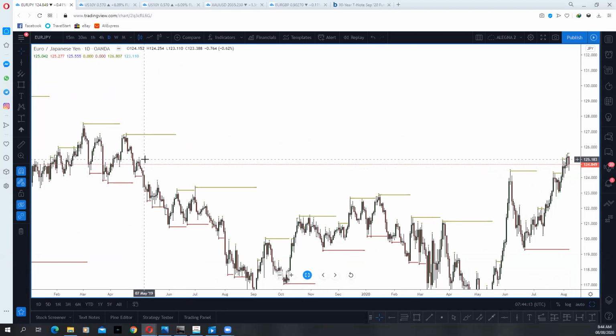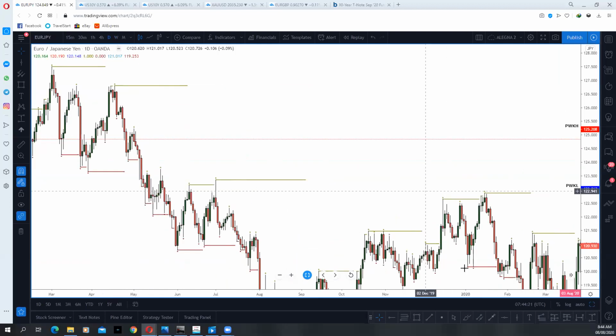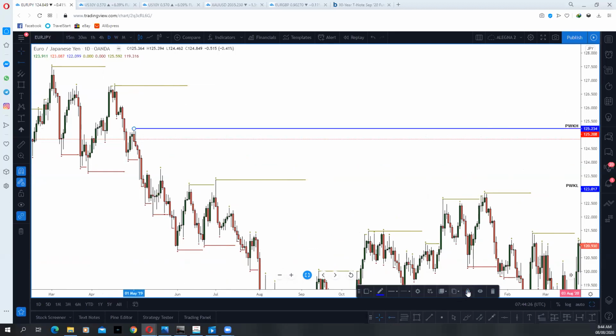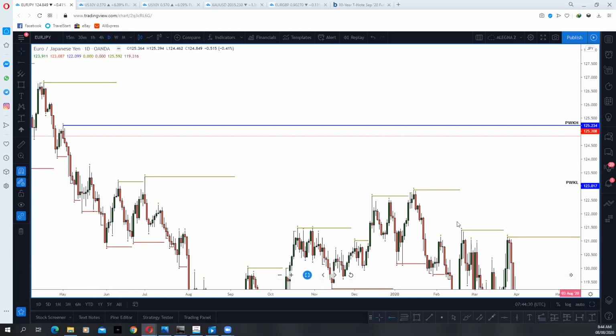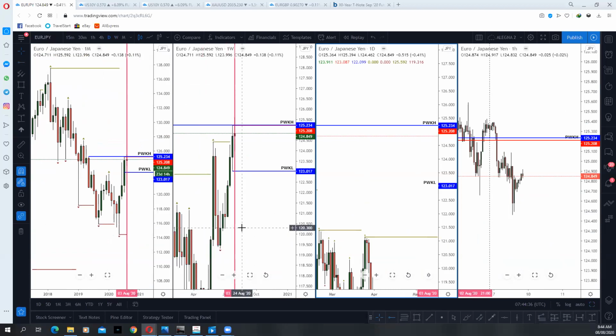So if you had marked out your levels on your chart, if you marked out your swing highs, that's why you must always know where your swing highs are on your chart, so that you avoid being a victim of the stop run. Because liquidity is also gotten via stop run.